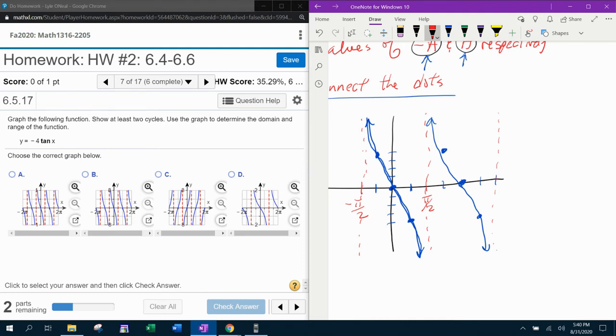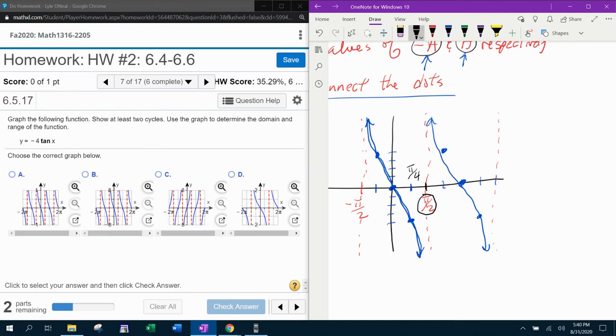Now, if I want to know what to label this hash mark, what I can notice is that this hash mark is a half. So this hash mark must be a quarter, because a fourth and a fourth make a half. So each one of these hash marks is a fourth, okay?